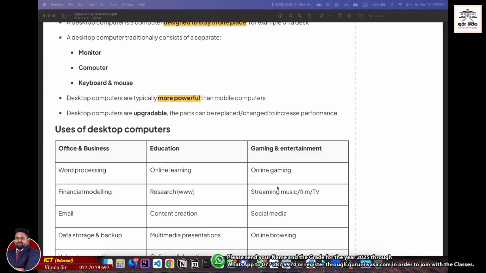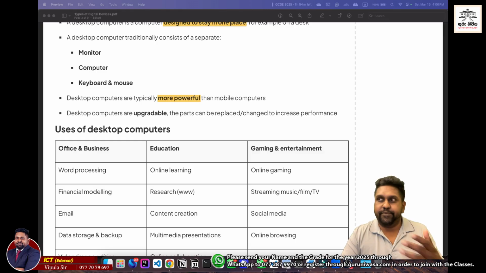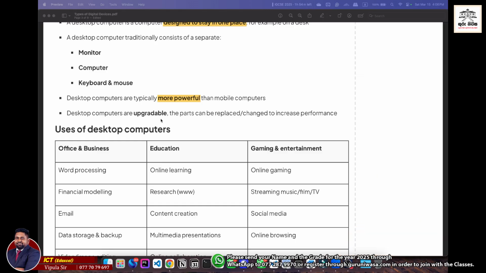For example, if your motherboard has support for 4 RAM sticks and you have only 2, then you can upgrade it to 4 RAM sticks, which will increase the total RAM capacity of your machine, make it much more powerful, and make sure it can perform many more activities than it did before, right? So remember the word.